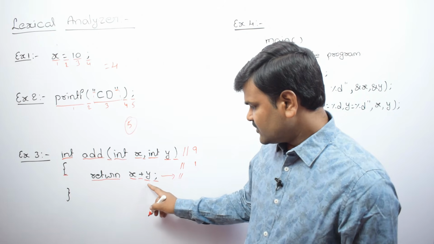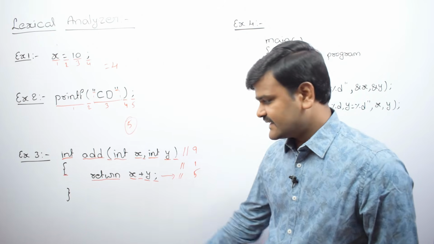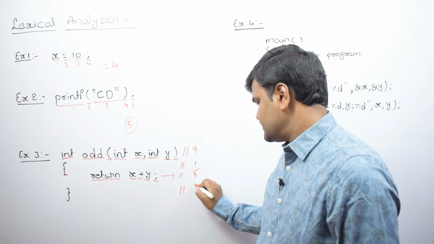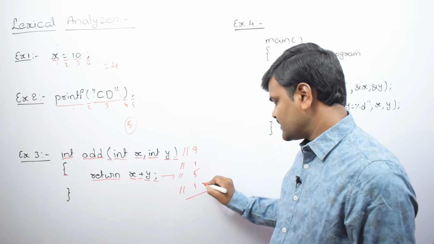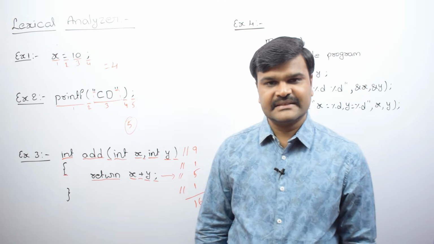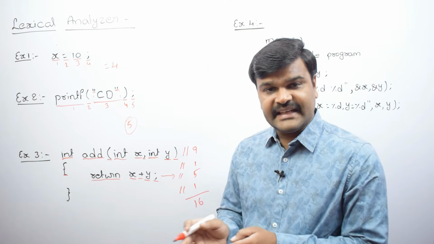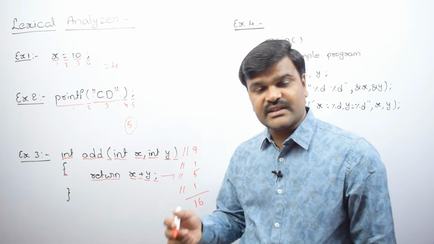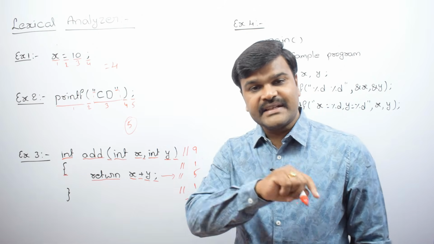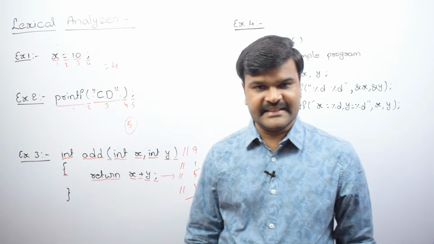So, total 1, 2, 3, 4, 5 tokens are there. Next, this is one token. So, how many tokens are there in total? 16 tokens are there in this function. The lexical analyzer is sending a stream of tokens to the syntax analyzer. How many tokens is it sending? A total of 16 tokens.